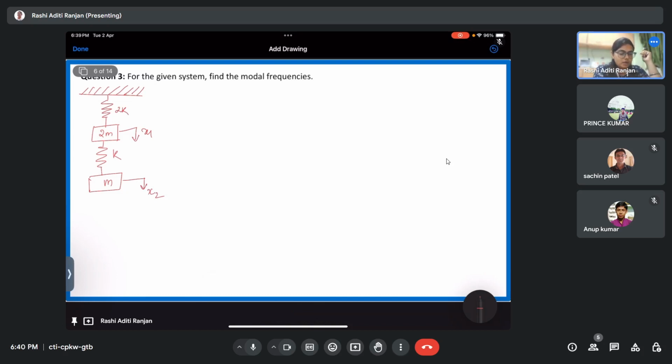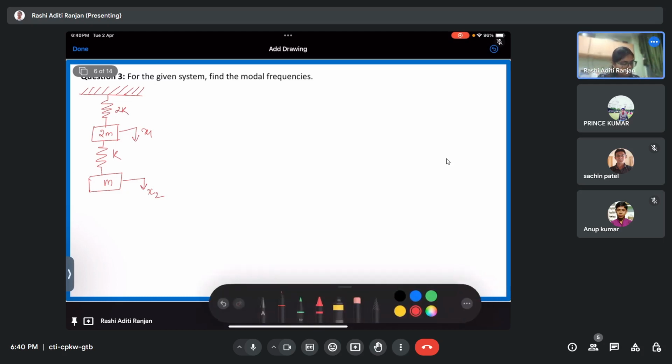Now, if I want to find firstly the modal frequencies. Why is it required? It is required so that I know what the individual frequencies are. Now why is modal analysis important? What is modal analysis actually?